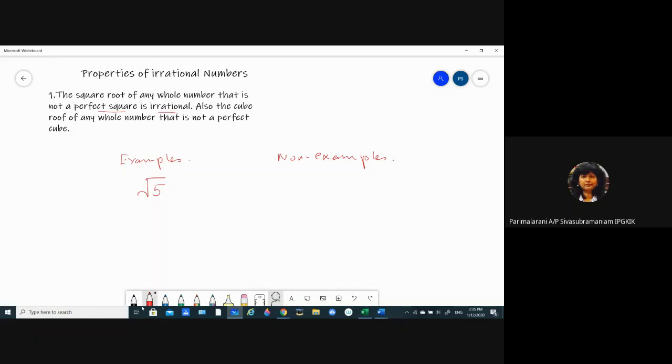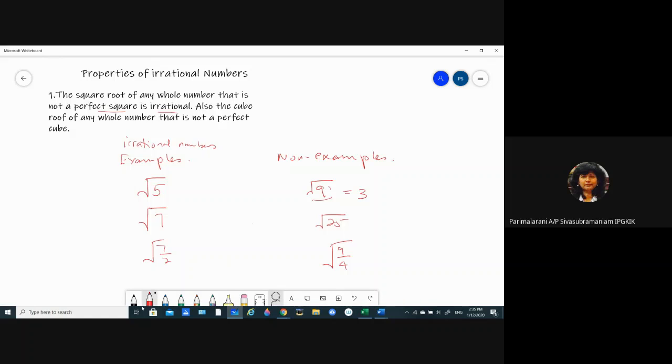These are examples of irrational numbers. Square root 9 is rational because this is a perfect square. Square root 9 is 3, therefore it's rational. Square root 7 is irrational. Square root 25 is rational. Square root 7 over 2 is irrational. Square root 9 over 4 is rational.